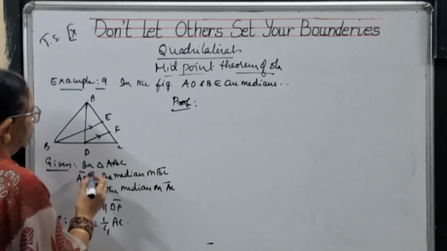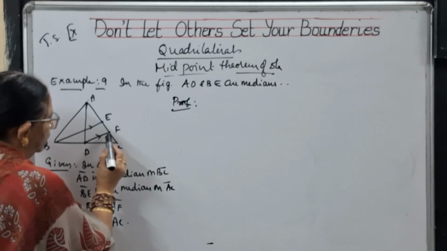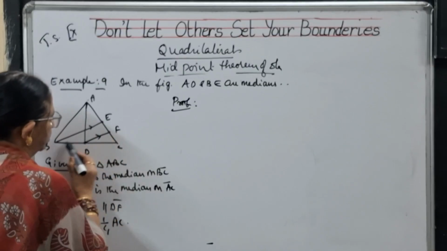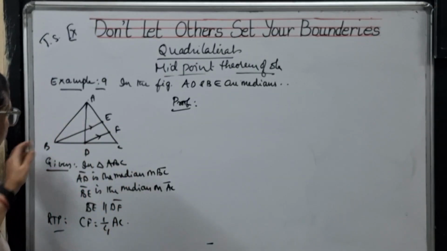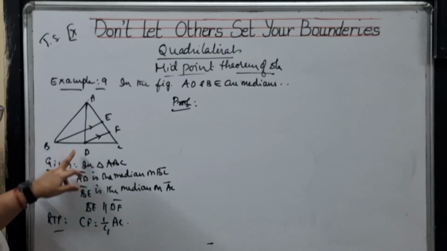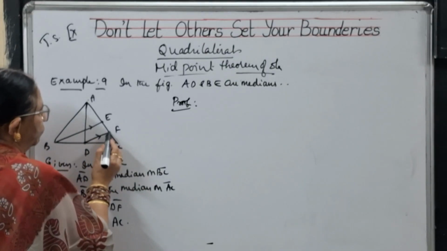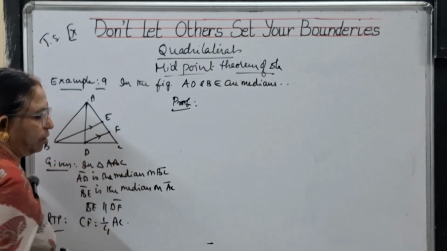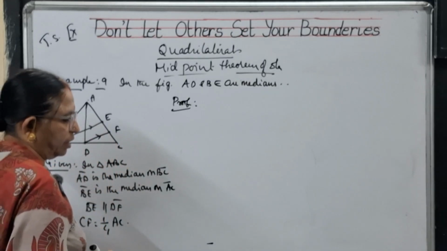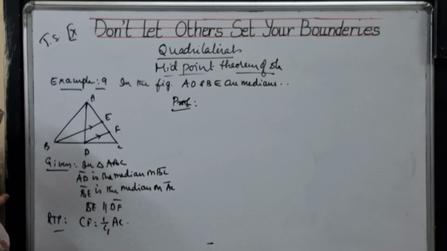Now here, what have they given? D is the midpoint of BC and E is the midpoint of AC. And BE is parallel to DF, they have given. Proof, children.